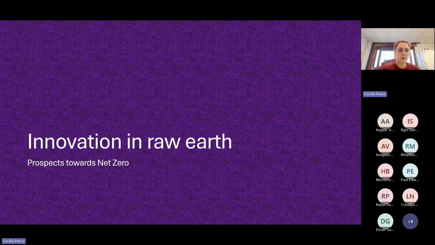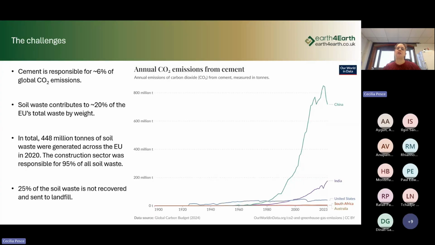And then the final part is about innovation in raw earth and how this material can help towards net zero. So a bit of background: I think it's quite well known how impactful the construction sector is on the environment.